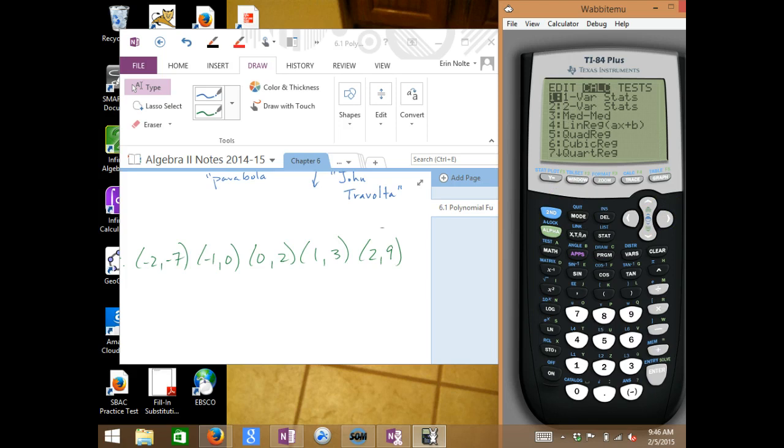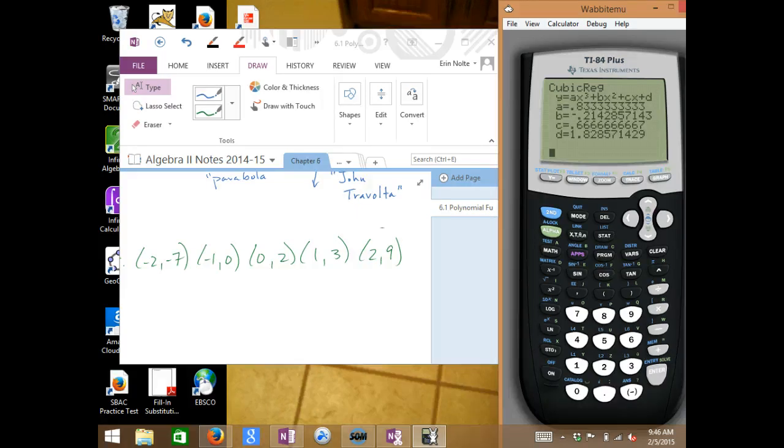And which one are we going to choose? The cubic. We're coming up with a cubic regression model, which is just a fancy word for equation. It'll say it in the directions. It says come up with a cubic regression model. Okay, then we hit enter. You might need to hit enter and go down to calculate on your calculator depending on your operating system.